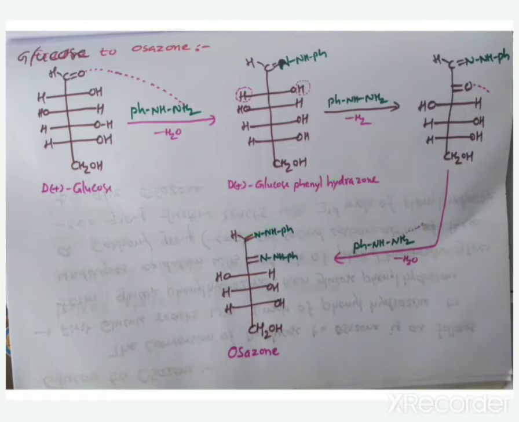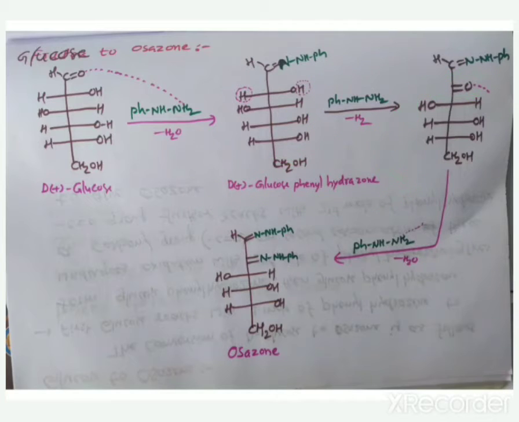Here D-glucose phenylhydrazone undergoes oxidation with phenylhydrazine to form a carbonyl group on the second carbon. This is the second carbon. For the formation of the C double bond O group, D-glucose phenylhydrazone reacts with phenylhydrazine.